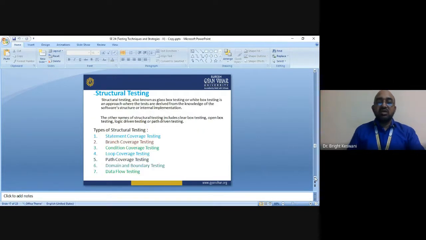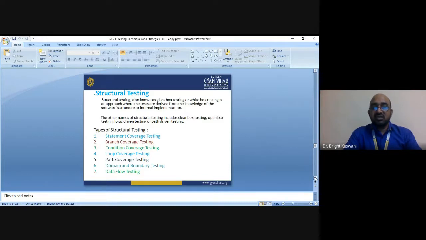Now come to the next type of white box testing, that is structural testing. Structural testing, also known as glass box testing or white box testing, is an approach where the tests are derived from the knowledge of the software's structure or internal implementation.